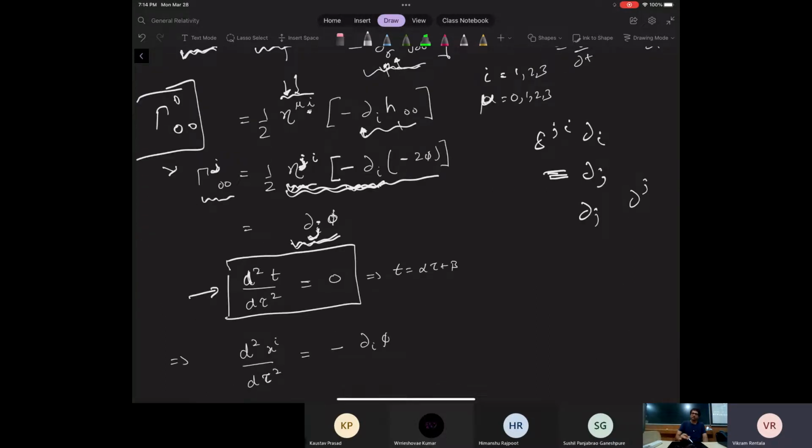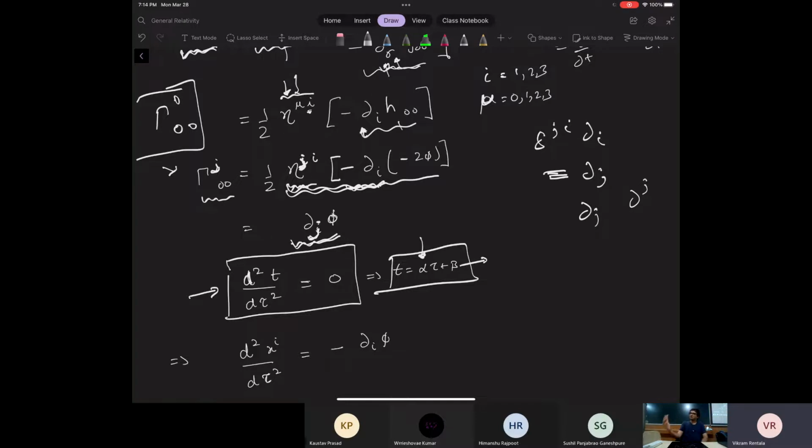It tells us d²t/dτ² is 0, which means t is some constant α times τ plus β. Now this constant β is just an offset. That's where I can choose to start the origin of my time. The scaling by α is just a constant amount by which, instead of measuring proper time in units of 1 second, I'll measure it in units of some constant times 1 second.